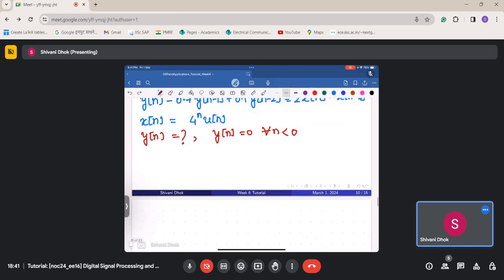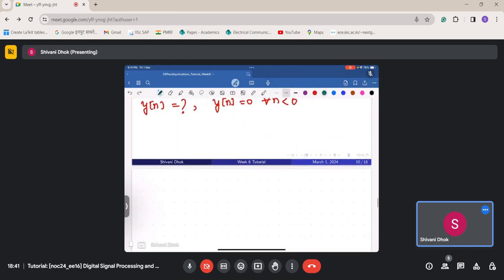So the first step is to find the system function from the LCCDE.